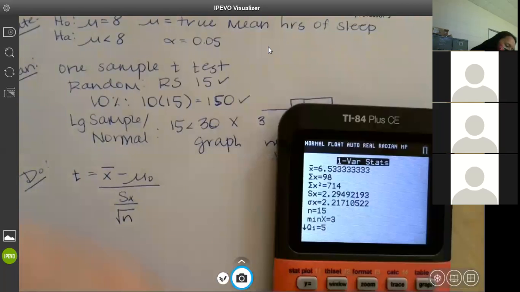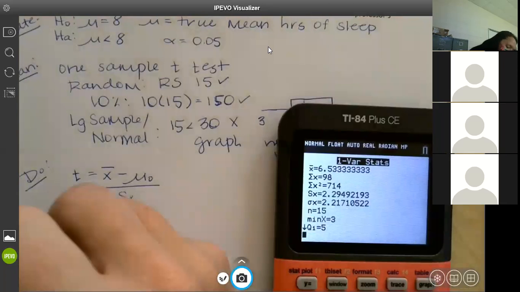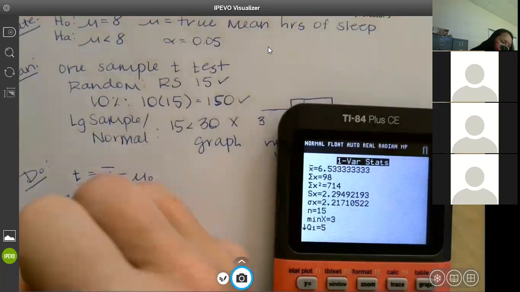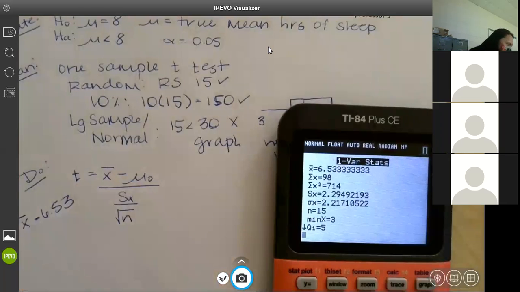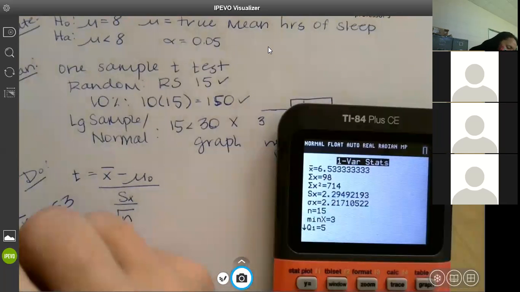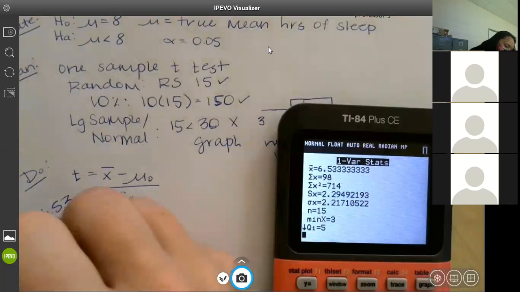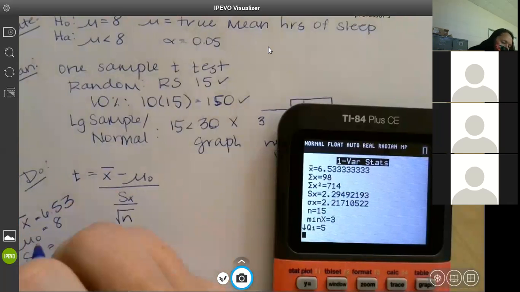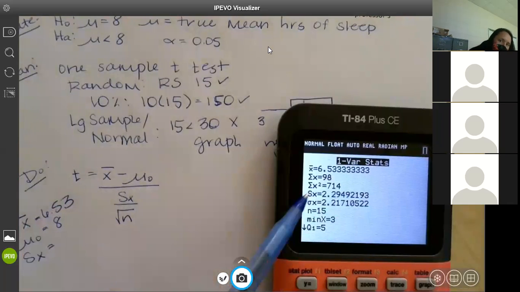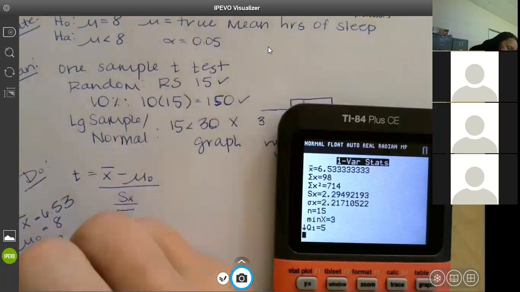And we get x bar equals 6.53. If you want to go a couple more decimal places, that's fine. It doesn't matter. Mu sub 0 is in the problem. It is 8. S sub x on your calculator is 2.29, and then n equals 15.